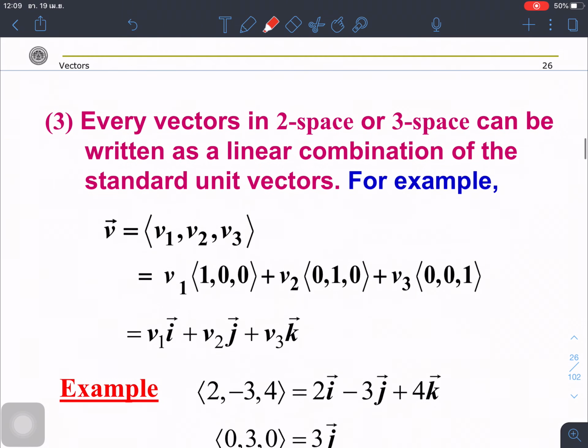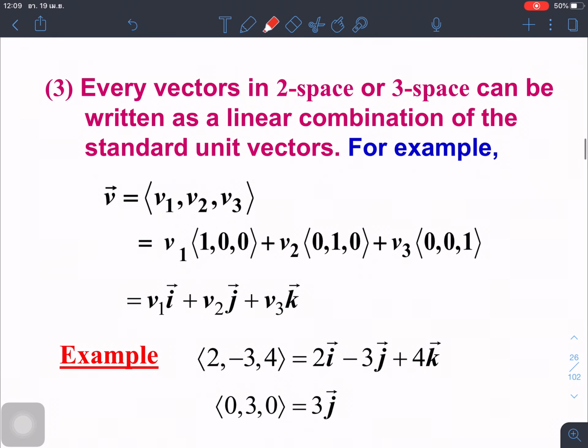And here's an example that every vector in two-dimensional and three-dimensional space can be written as the linear combination of the standard unit vectors. For example, given the vector v = (v1, v2, v3), you can write this vector as a linear combination of i, j, and k by multiplying the scalar v1 to the vector i, scalar v2 to the vector k, and scalar v3 to the vector j.